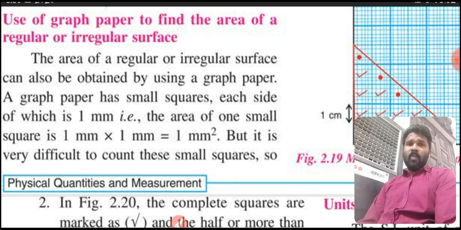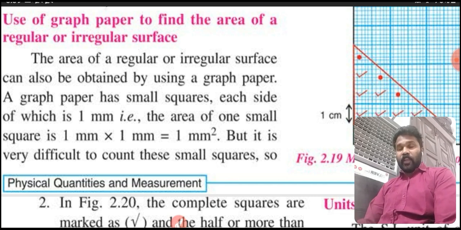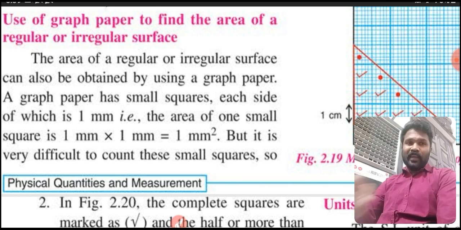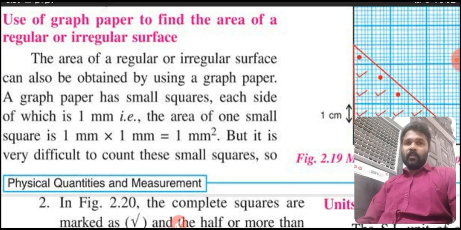Yesterday I told you that by using some important formulas we can find the area, but now we will see how we can use a graph paper to find the area of a regular or irregular surface.